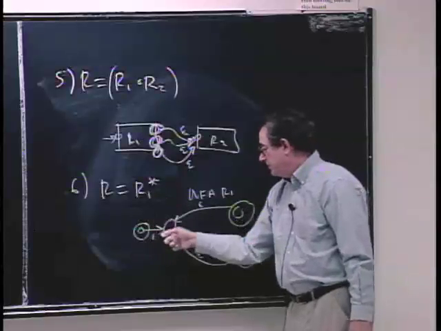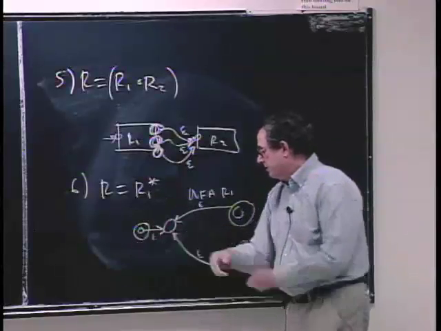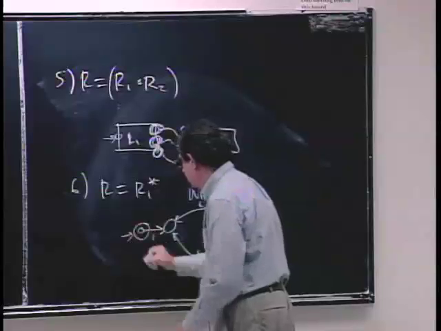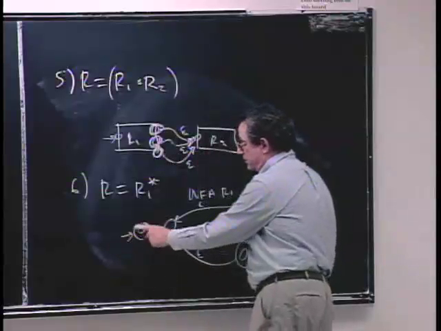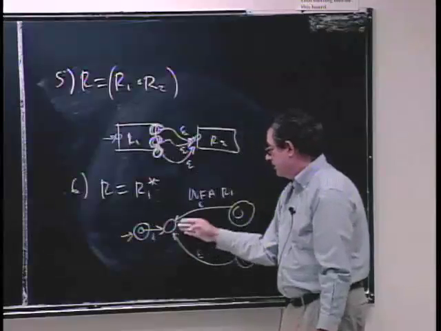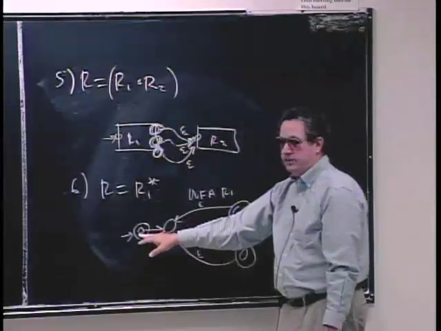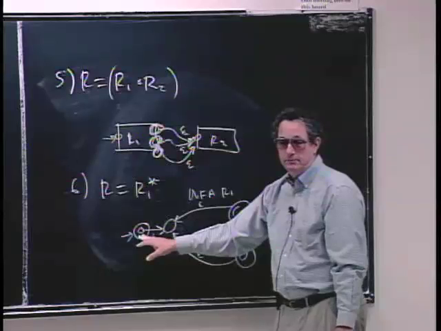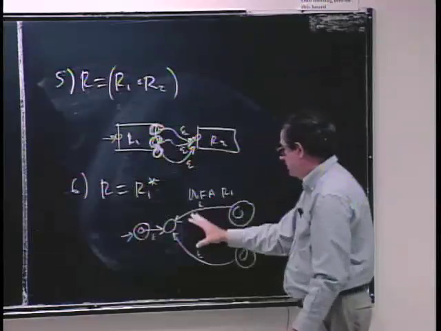And so by putting in this new start state, which is also an accept, with an epsilon transition to the old start state, this now accepts the empty string. And then this is the right construction.